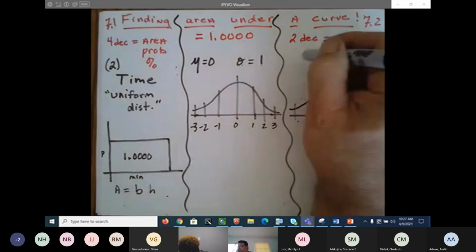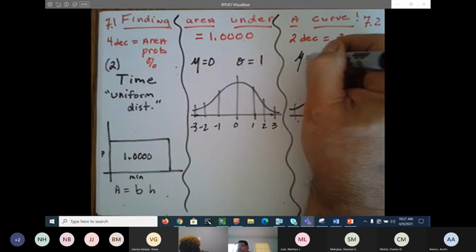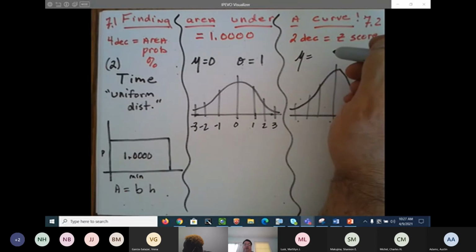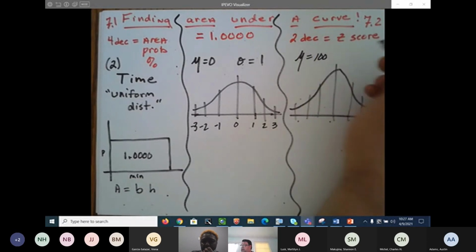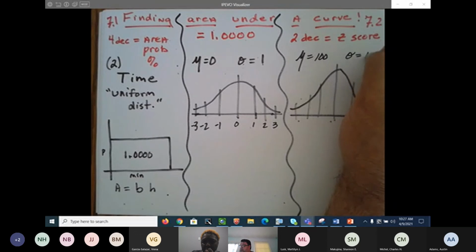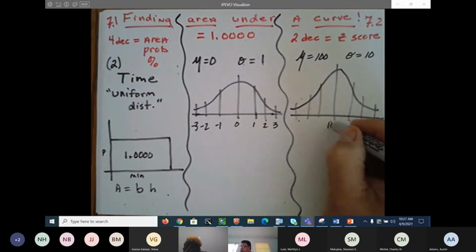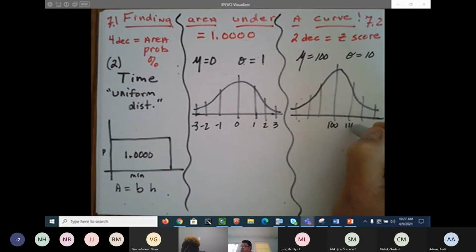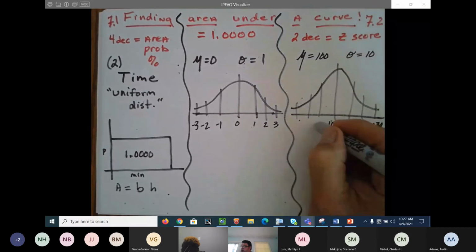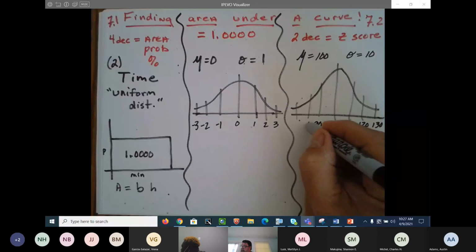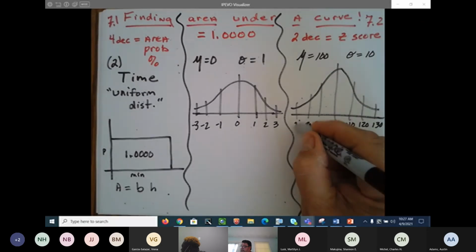And this one has a mean of any number besides 0, maybe 100, and a standard deviation of 10. So that will be 100, 110, 120, 130, 90, 80, 70.